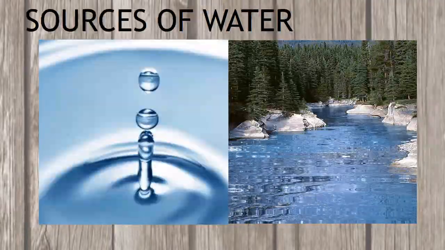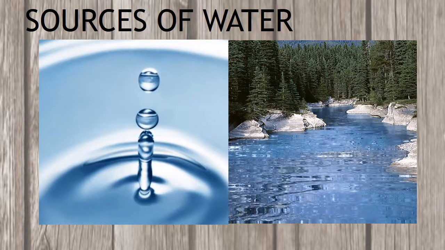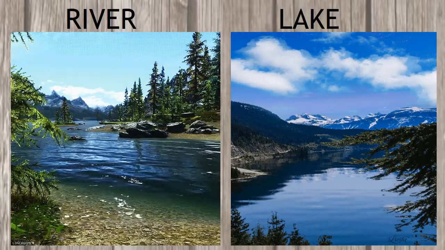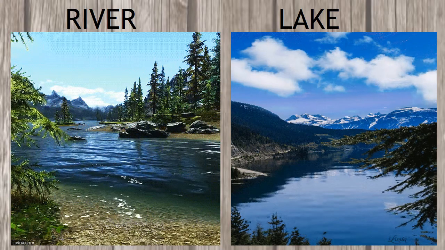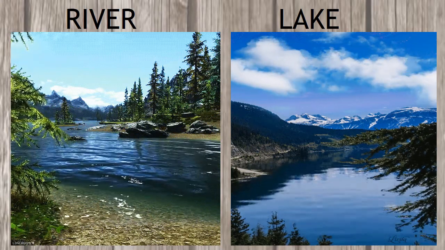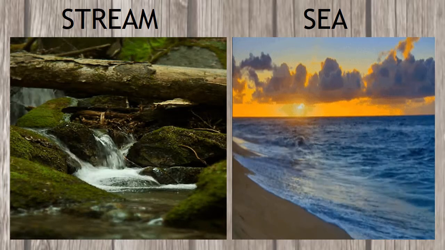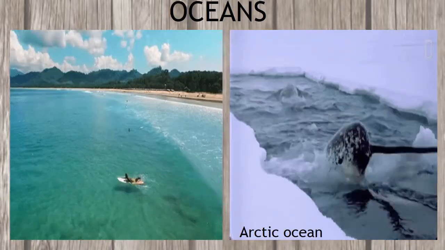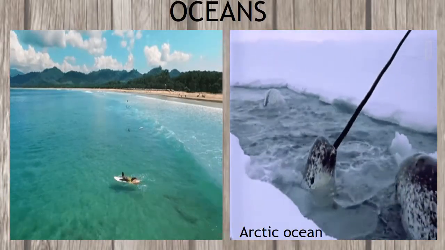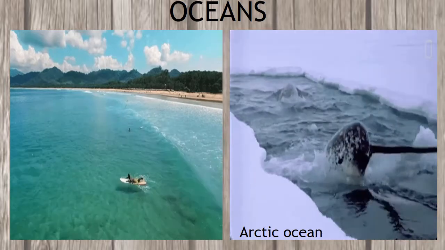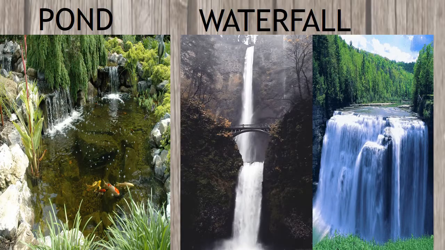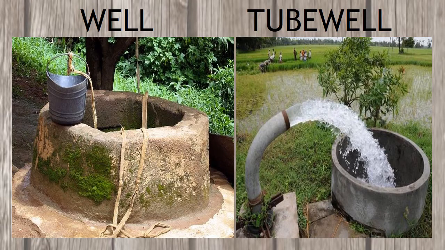Now children, let's learn more about other sources of water. Rainwater goes into rivers, lakes, streams, seas, oceans, ponds, waterfalls, etc. Some rainwater seeps into the ground.